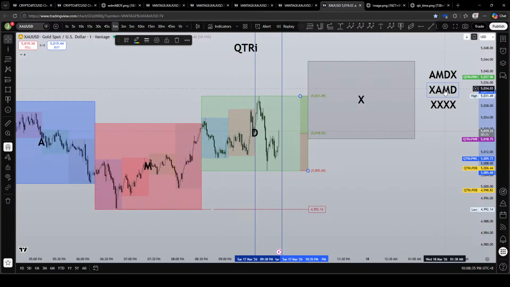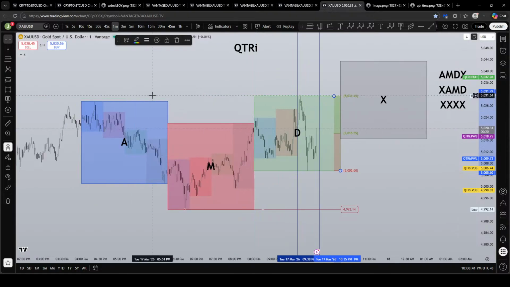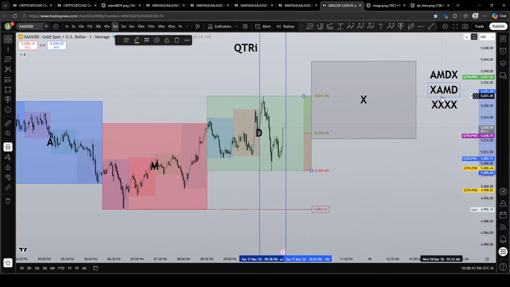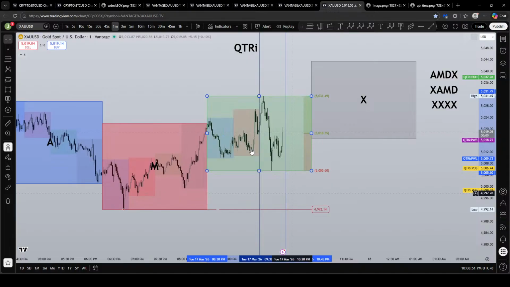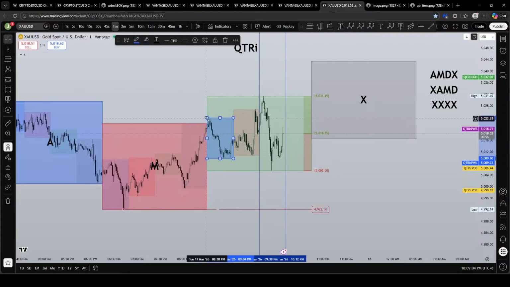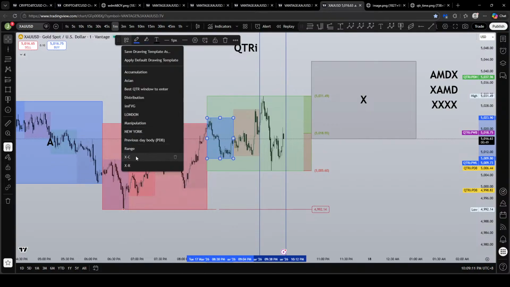this AMDX, XAMD, and the quadruple X or the continuation model can also be applied as subquarter structures. Meaning, if I were to identify the structure, the internal structure of the subquarter structure of quarter 3, then I will consider the first one as an XC.